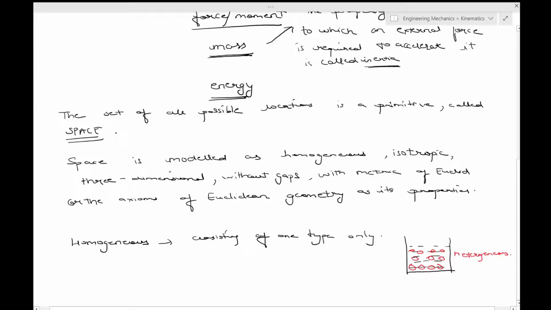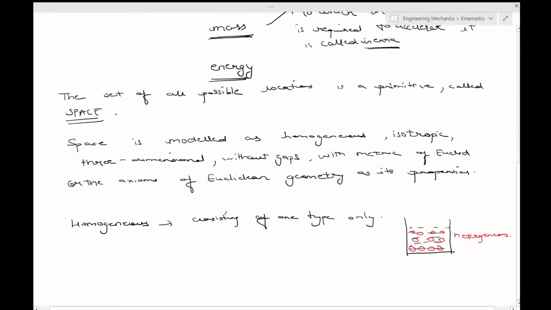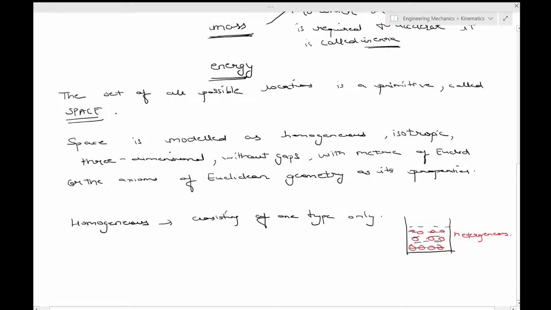Okay, so in a homogeneous space or material or any other quantity, you would only have one kind which you cannot distinguish from one another. Okay, for example, if you had water and then you poured sugar crystals into it and they dissolved, this would become sweet water, which is a homogeneous mixture. Okay, so this is what the word homogeneous means, that it consists of only one type. Okay, unlike this one.